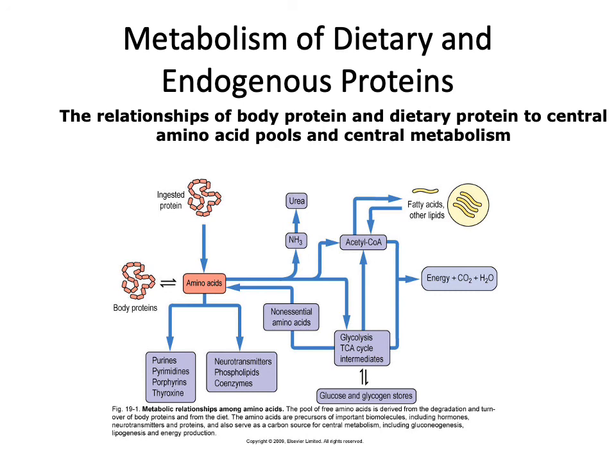There's a list of some of them here. And again, they can be funneled into either the TCA cycle or glycolysis to generate energy. But ultimately, we need to get rid of the amino group first by removing it, in a two-step reaction actually, as we'll talk about in a minute, as ammonia, and then converting that into urea.